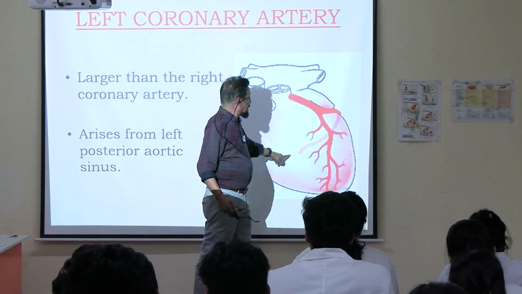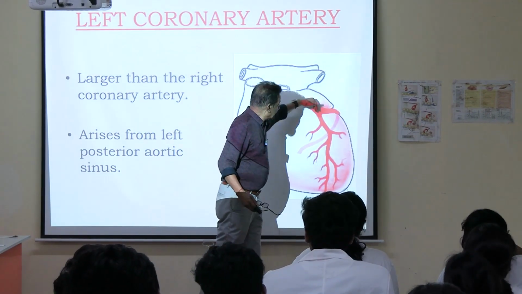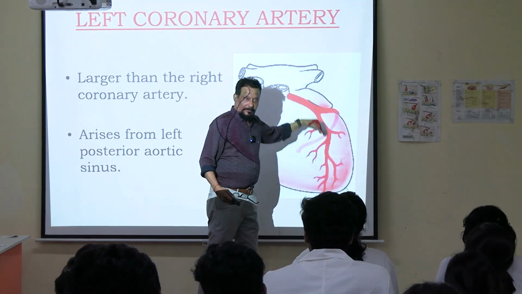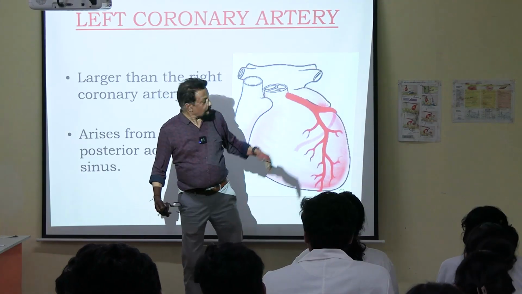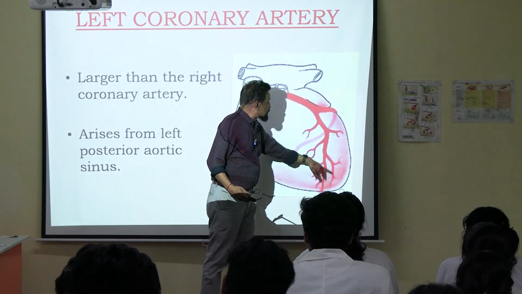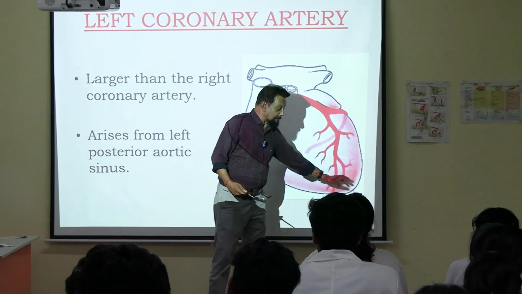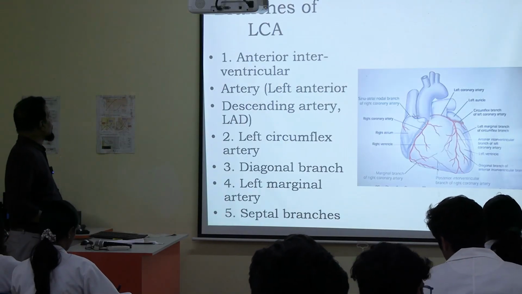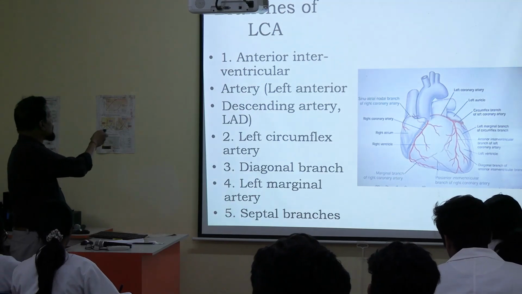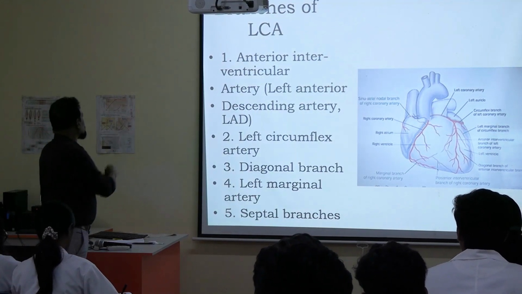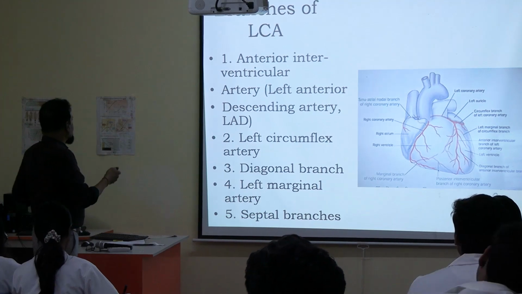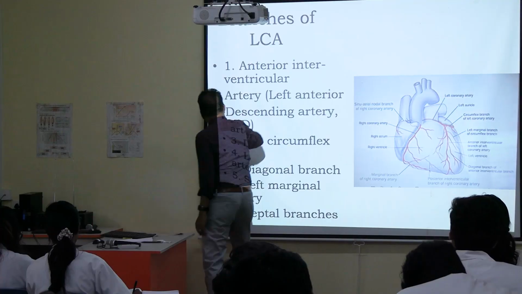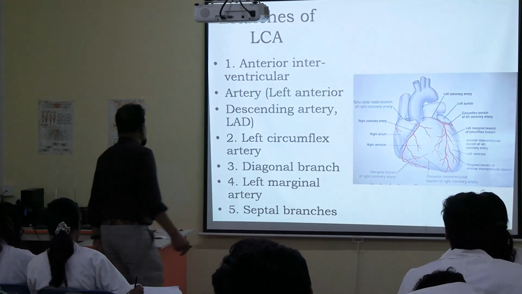While passing, they produce several branches and supply the apex. So these are the main 2 arteries. Actually, this is one, and then LAD is the second. LAD means.